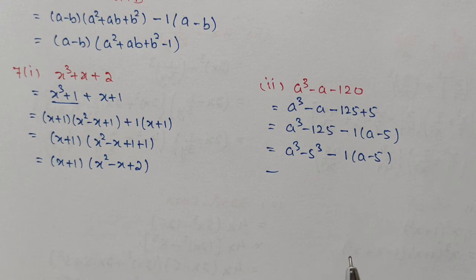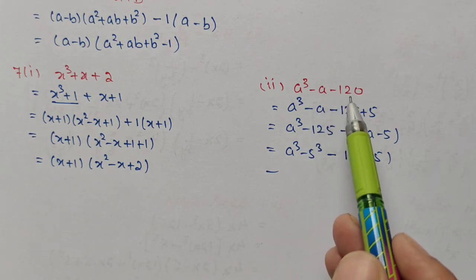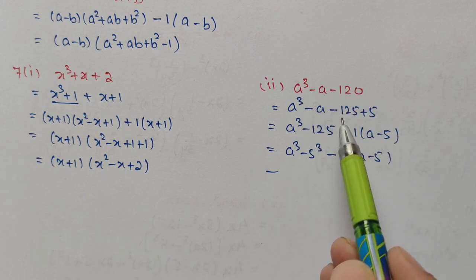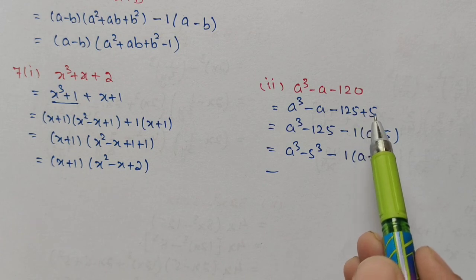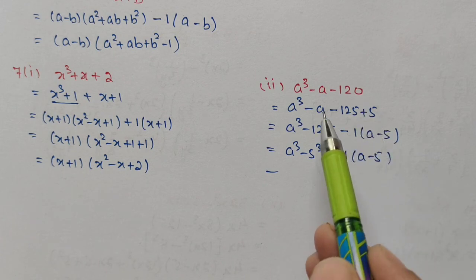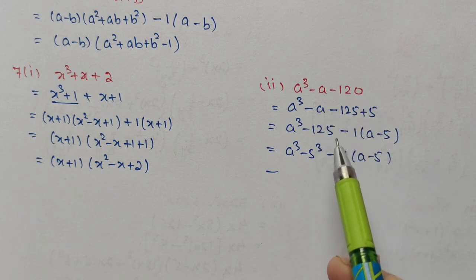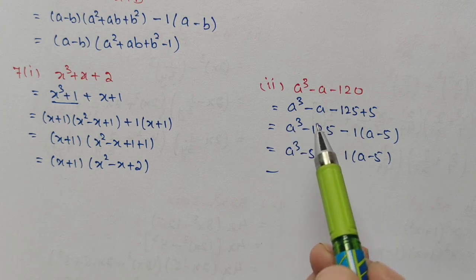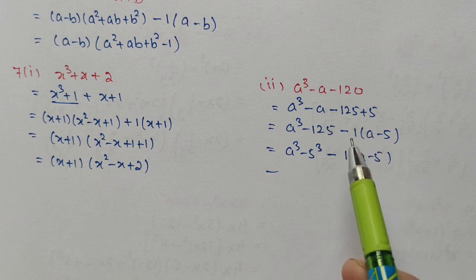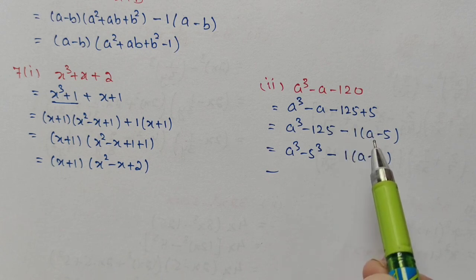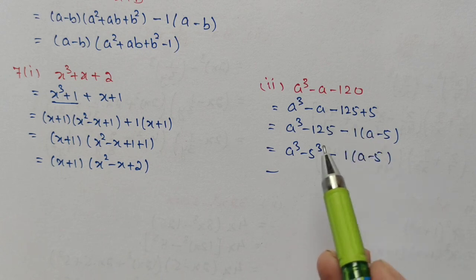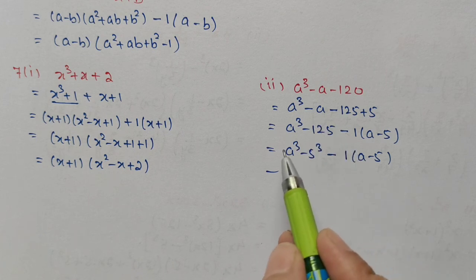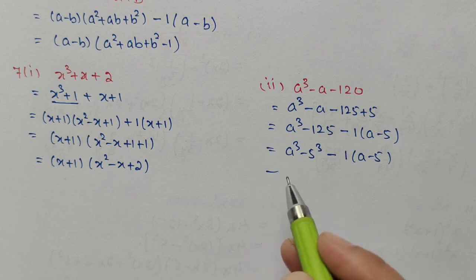Next, seventh second part: a³ − a − 120. So here this 120 we can write as −125 + 5. This +5 we will take with this a, and −125 we will take with a³. So a³ − 125, and then from this and this, −1 we will take out common, a − 5 will be inside the bracket. This 125 we can write as 5³, and then we will apply the a³ − b³ formula.